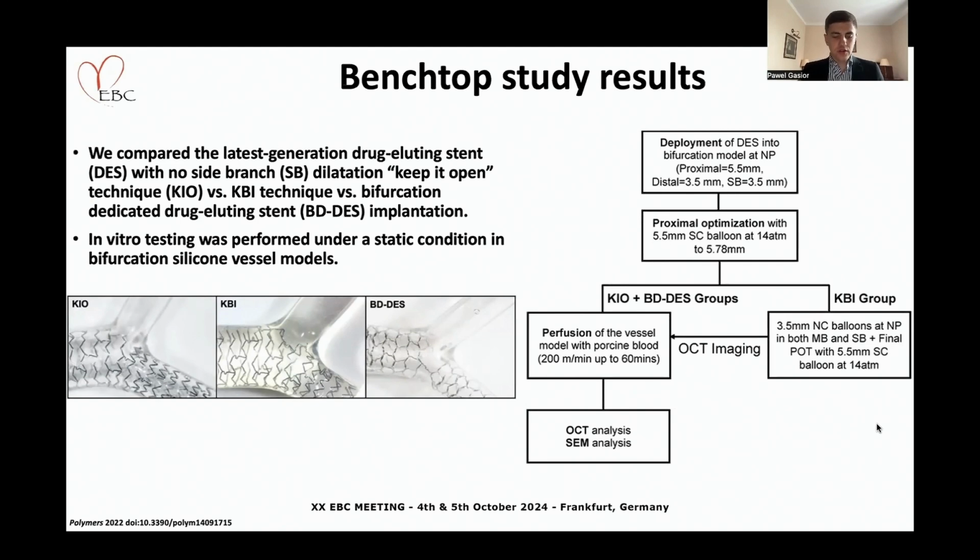The silicone model had sizes of 3.5 millimeters in diameter for the main branch and 5.5 millimeters for the left main. We implanted these stents using the keep it open technique versus the kissing balloon inflation technique. And as a comparator, we used a bifurcation dedicated stent, in this case a BiOSS stent from the Balton company.